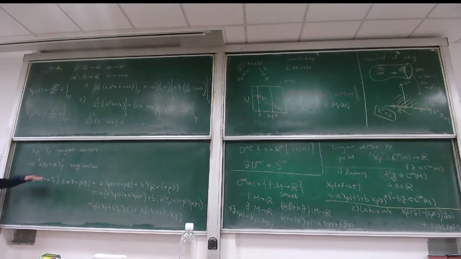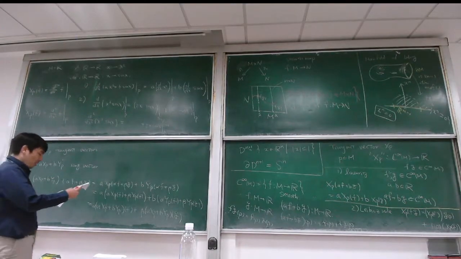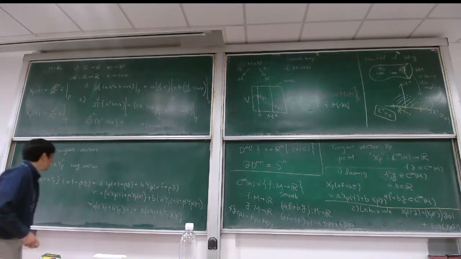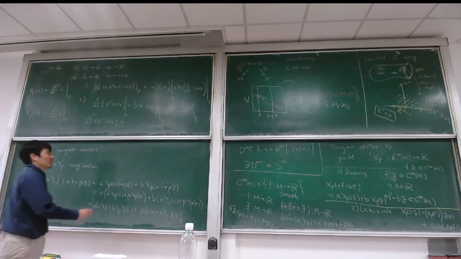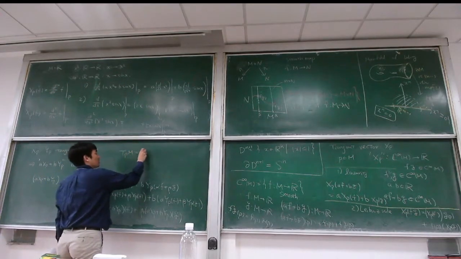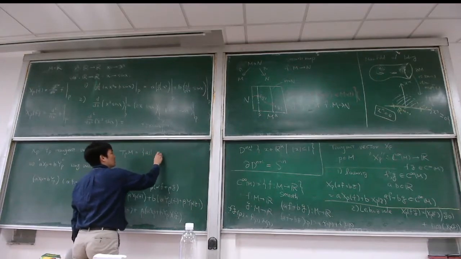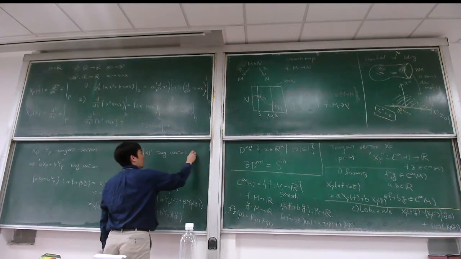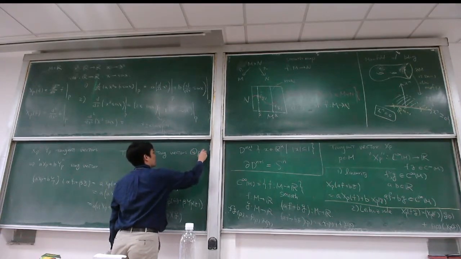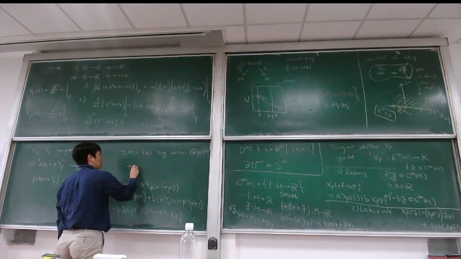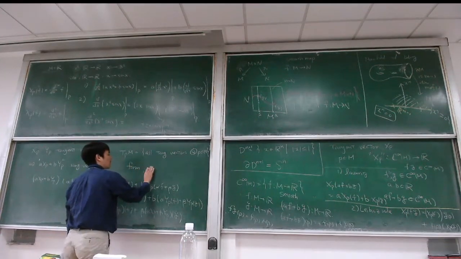Therefore, this is also a tangent vector. So this means that if you call this the set of all tangent vectors at point p in the manifold, this forms a vector space.